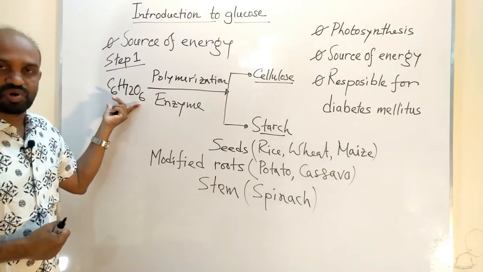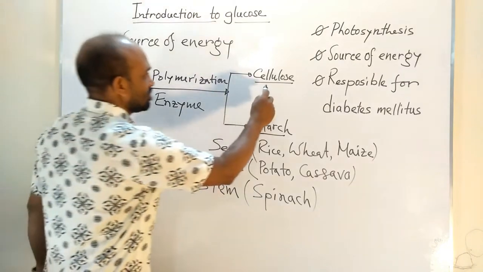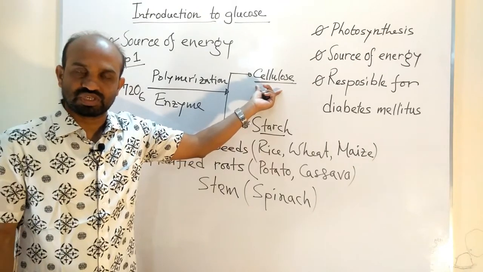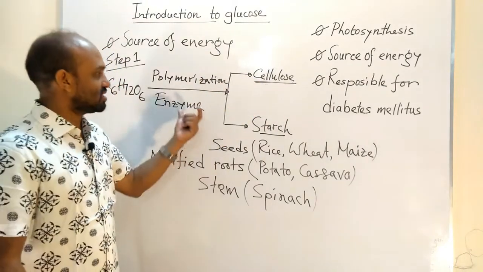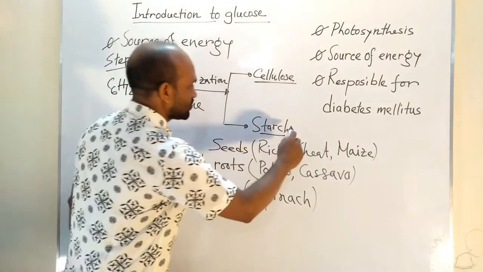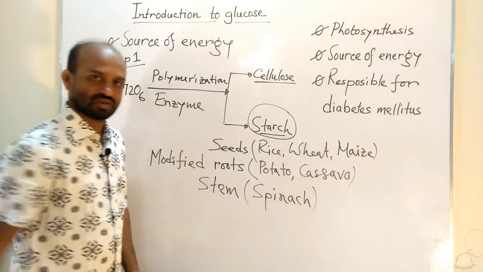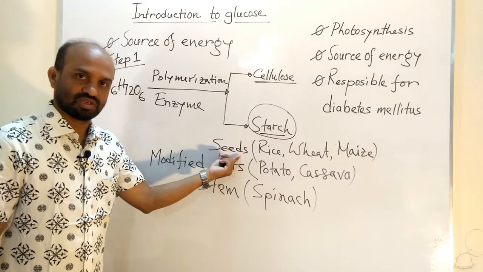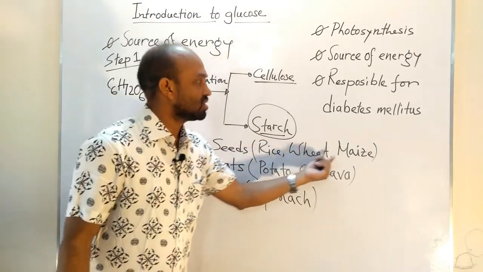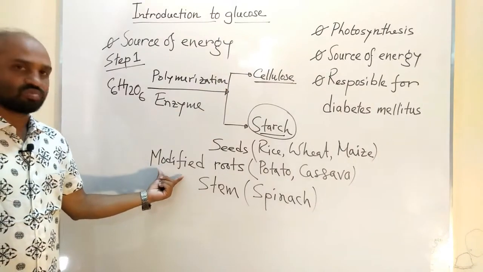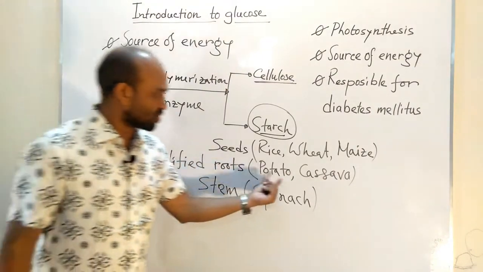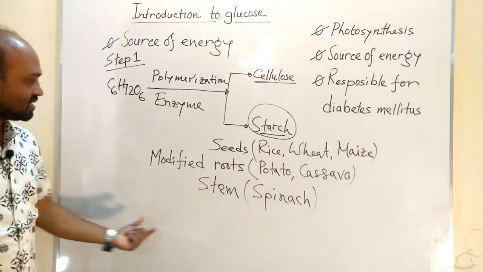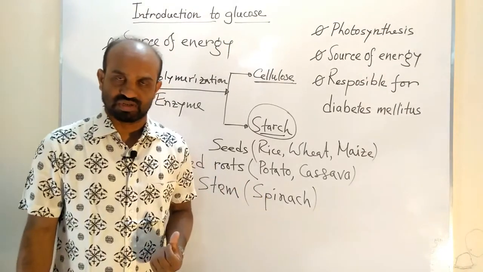When it undergoes polymerization, then cellulose is formed in the first step, which constitutes the body of the plant, and in the second step another polymer is formed which is called starch, which is deposited at seeds like rice, wheat, maize, and at modified roots like potato, cassava. Cassava is a kind of sweet potato, and in stem like spinach.